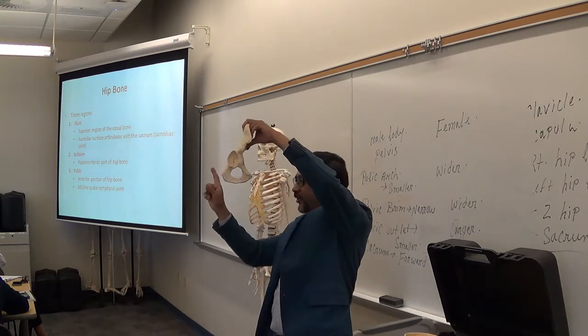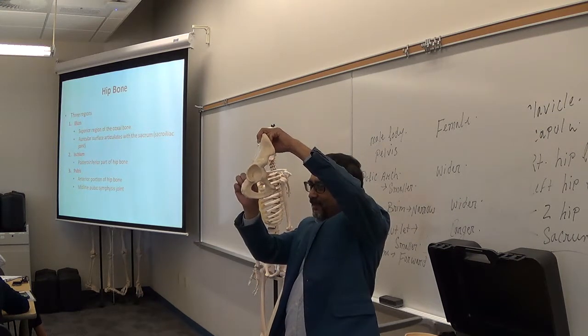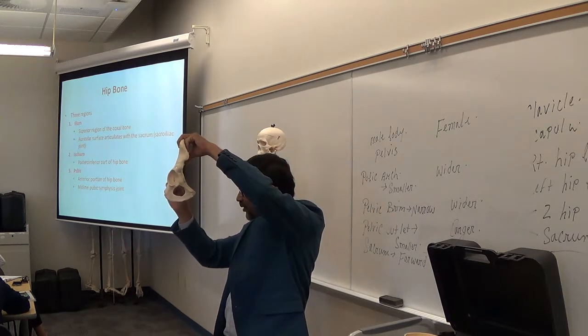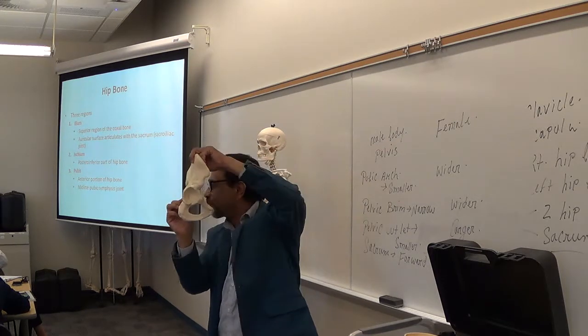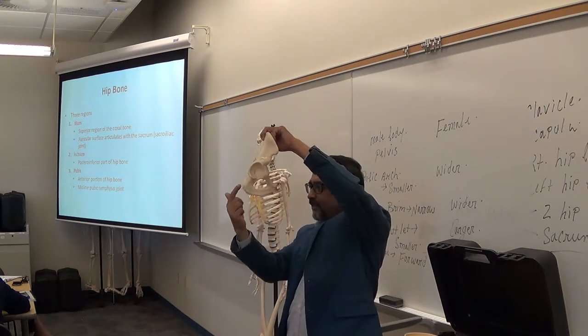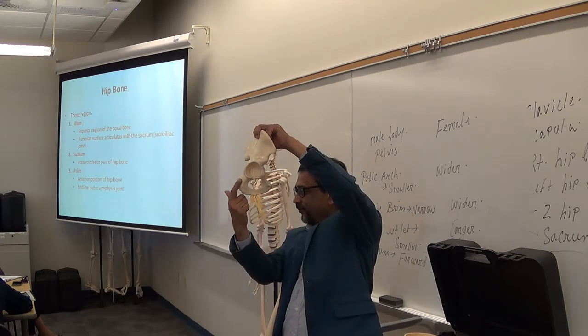The ischium has two structures, you see. This part is pointed. This is called spine. Ischial spine, because it is a part of the spine of the ischium. So ischial spine. Clear? And this rough area here, that is called ischial tuberosity.